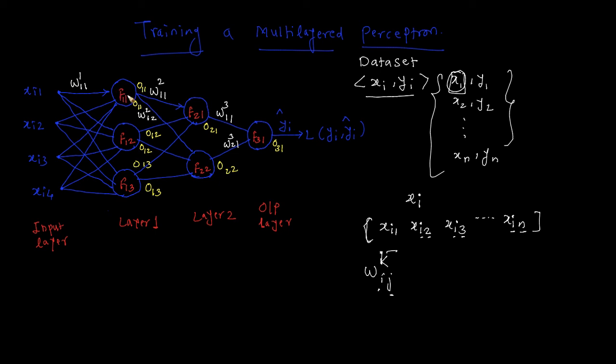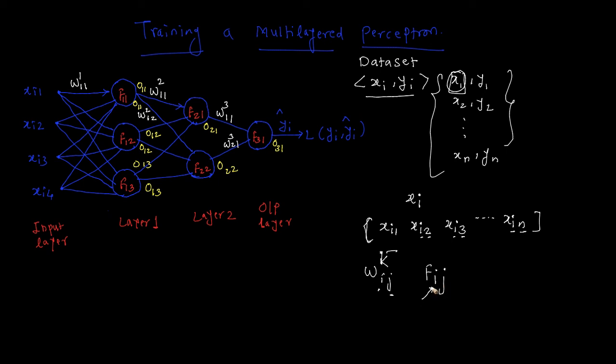Now let's talk about the activation functions which are there in these neurons. If I write Fij, it says that this activation function is in the ith layer and is the jth neuron from the top.